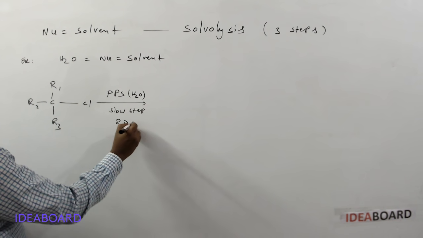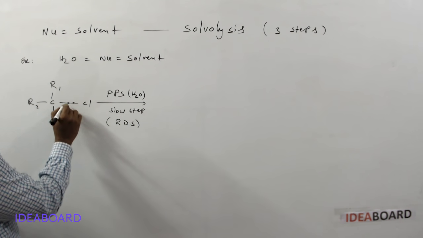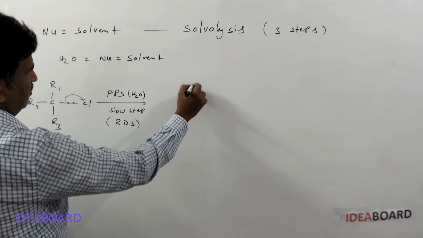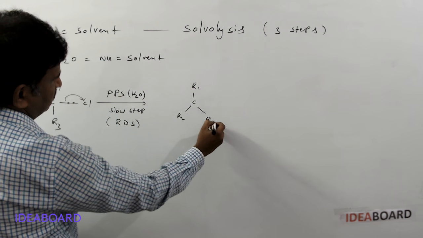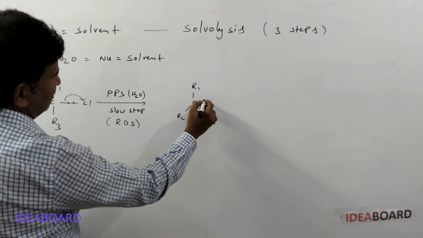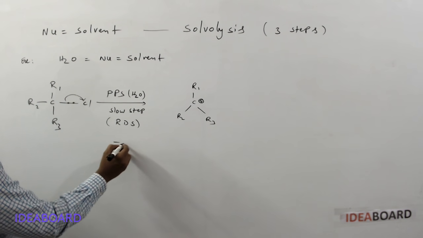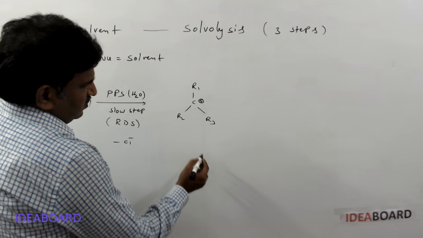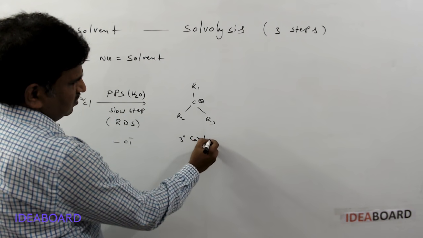The pair of electrons is taken up by chlorine, forming R1, R2 and R3 with a positive charge, and Cl minus is released as a leaving group. A tertiary carbocation is formed.